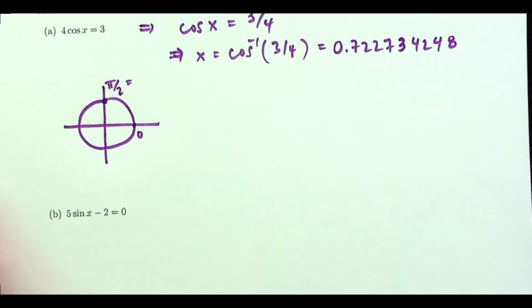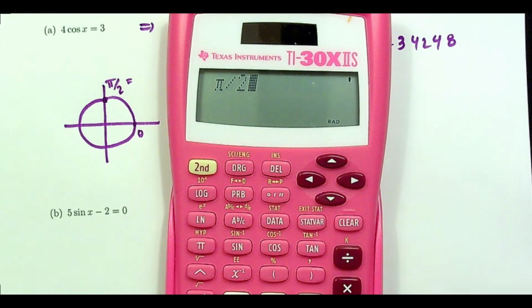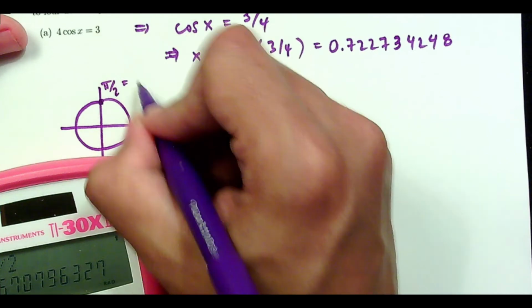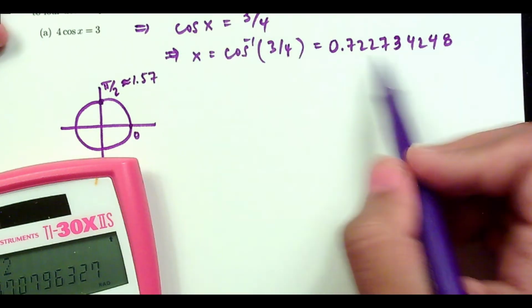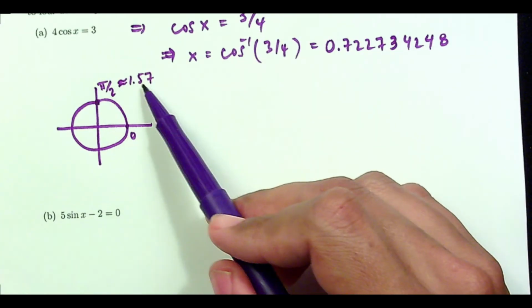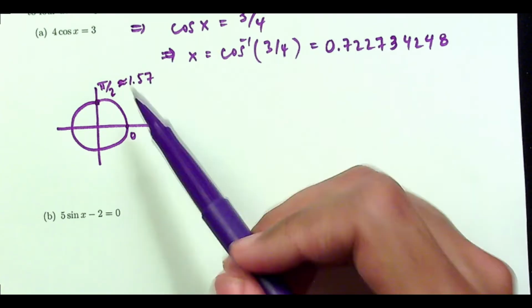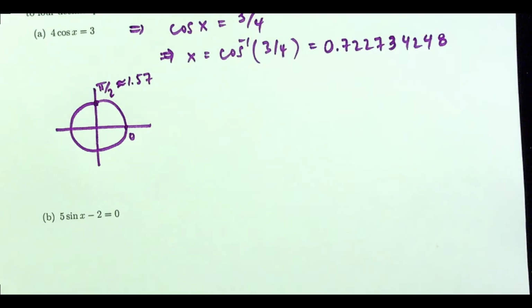Pi over 2 as a decimal is about 1.57. Because this number right here is between 0 and 1.57, that means that this angle is somewhere in the first quadrant.